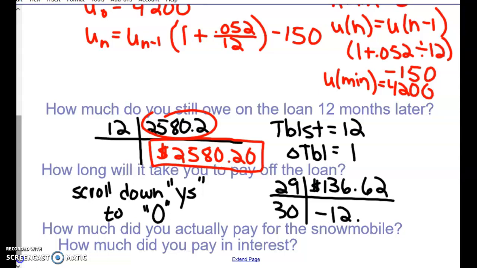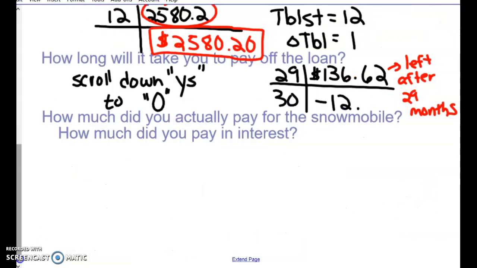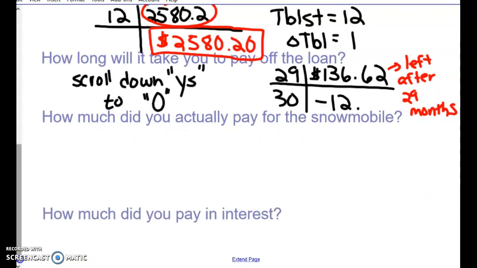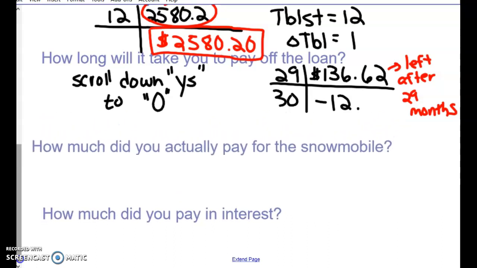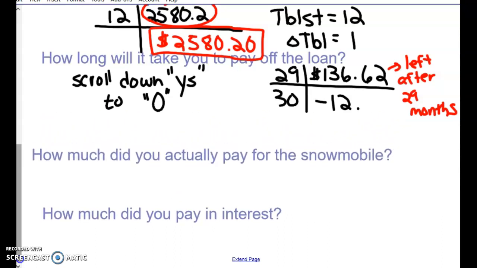So basically after 29 months, this is what they have left to pay. So the question is, how long will it actually take to pay off the loan? It'll take 30 months. They don't have to pay the same amount, but if they just pay that last amount of $136.62, it'll be paid off.